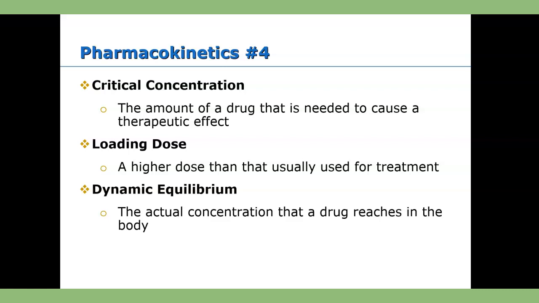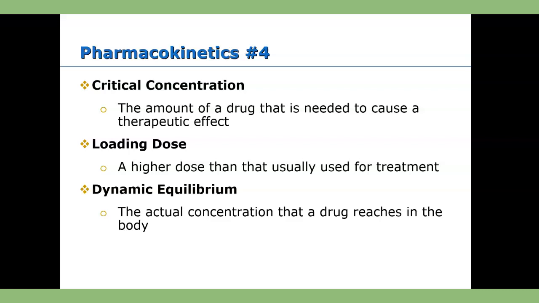So the first time I had to give myself 2 injections, two 120 milligram injections, because you need that loading dose for it to reach its therapeutic effect and maintain that upper curve so it's working. That way you build up the amount in your body, so it's called a loading dose to start working, and then you can start giving the regular dose after that. There are many drugs that require a loading dose.